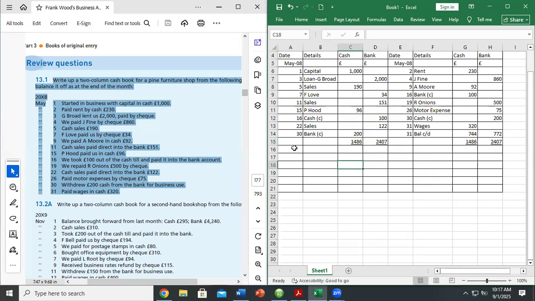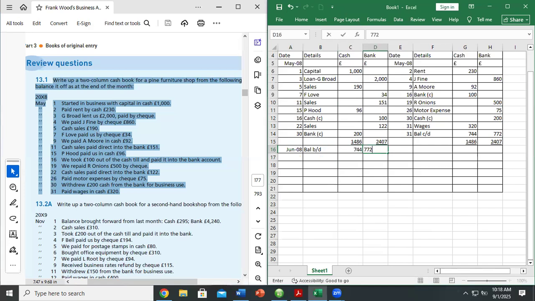Then you can bring the balance down, which will be from May we go to June, right? So June 2008, the first. We have our balance brought down. For cash is 744, for bank is 772.